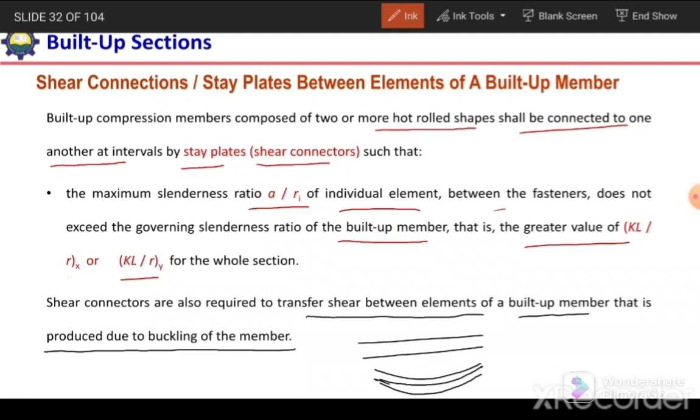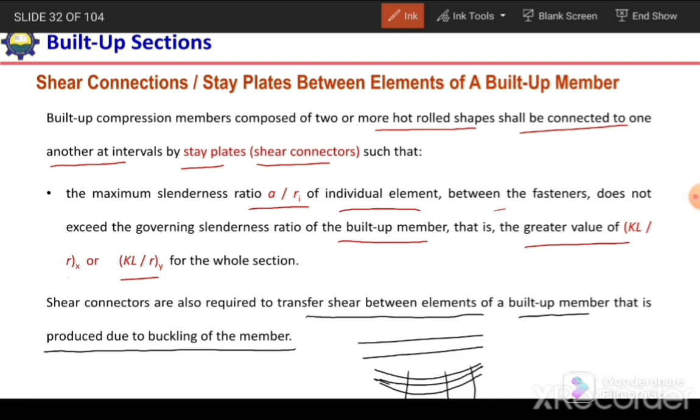As we have seen in the very first chapter about the concept of shear, when we have two plates and we try to bend those plates, they will slide against each other. But if we provide shear connectors or shear bolts, in that case these shear bolts will resist the shear between these two plates, and the bending strength will be enhanced. The stiffness against the bending will be enhanced.